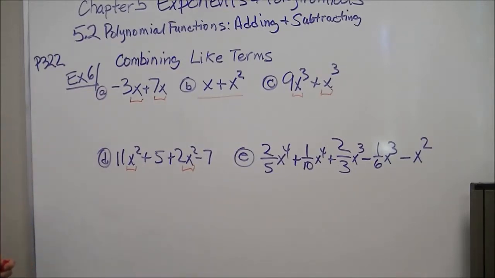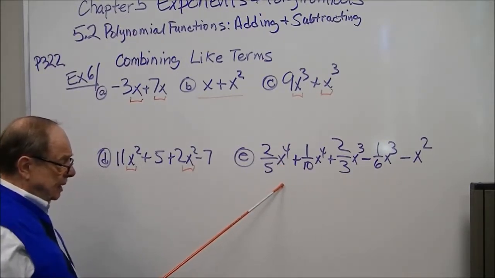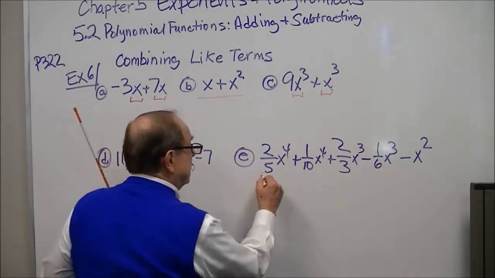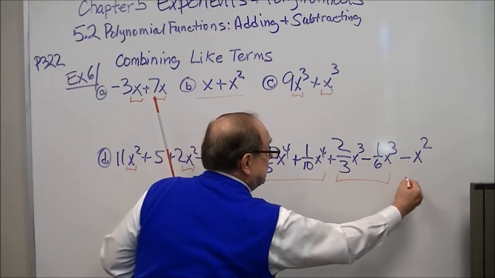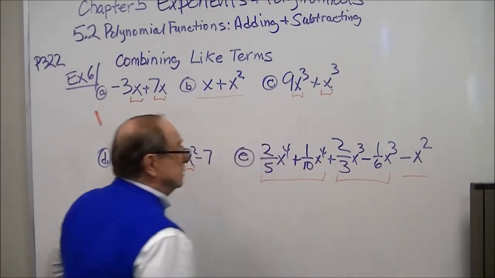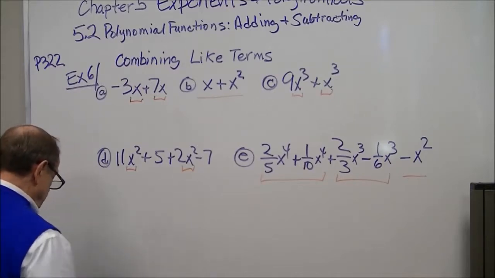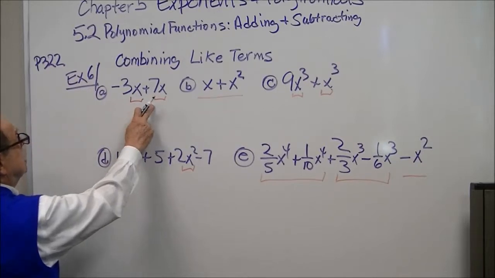Now, a technique might be one that I've used for this, that this wasn't the original example. As I started to copy it down, I put my like terms together, which is a good technique. So, as we do these then, when we combine like terms, we only deal with the numerical coefficient.